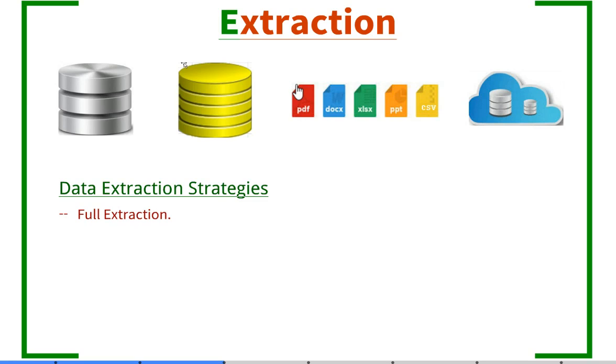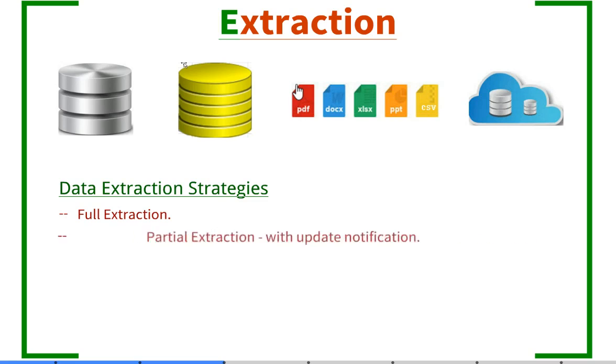One, for the initial load when the data warehouse is getting populated for the first time, or in scenarios where we do not have any strategy for identifying the changed records. So we extract the full data and do all the transformation and identify all the changed or modified records on the staging area.